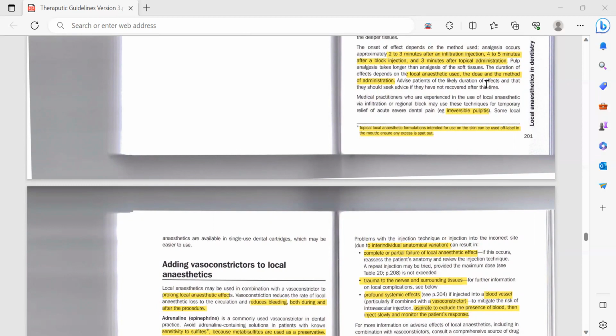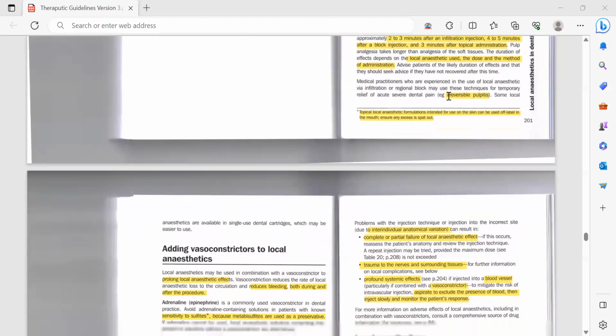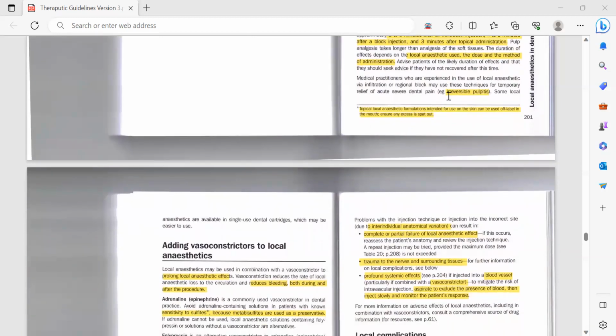So you need to tell them the required duration, like 2 to 4 hours, and even after that, if you still feel numb, you can come again and we can check what is going on, because with certain LAs there is a chance of permanent anesthesia or paresthesia, so we need to make the patient aware about that.